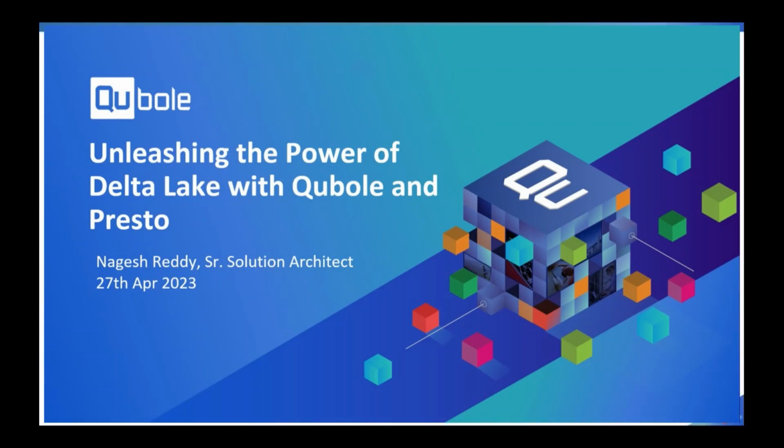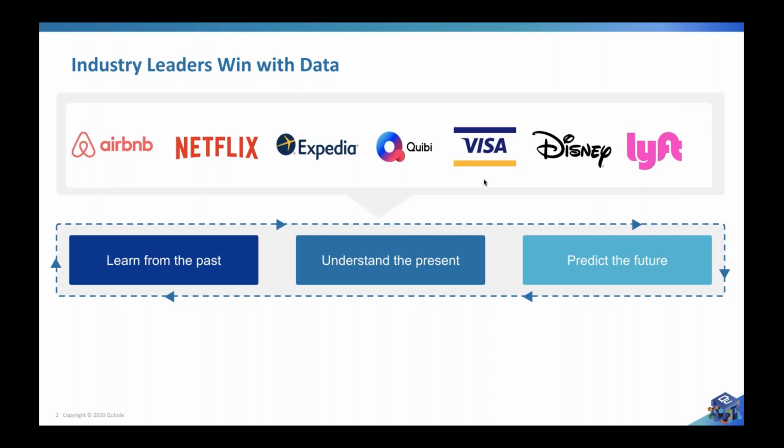So just to get started, one of the core concepts with Qubole, and with all these industries, is that most of the companies that are the leaders in their respective areas are because they've been based on data. They can do a lot of exploration of the data.